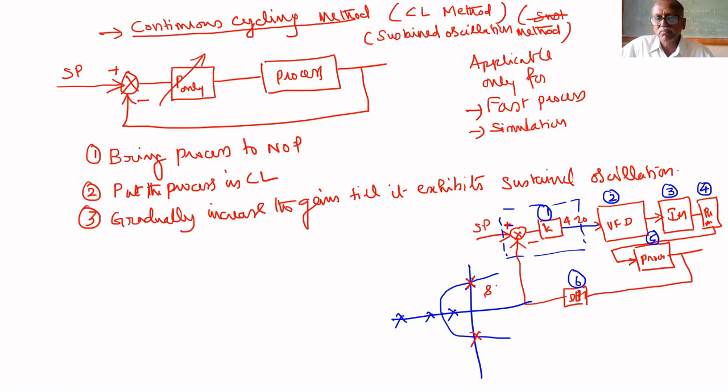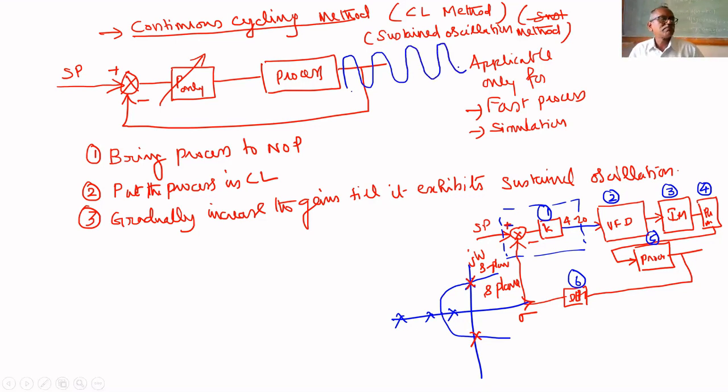This is the S plane, sigma and j omega. When the poles are on the j omega axis, the process will exhibit a sustained oscillation. The amplitude will be constant.